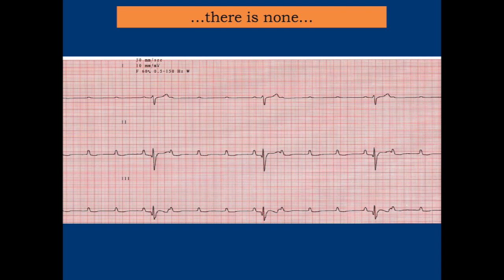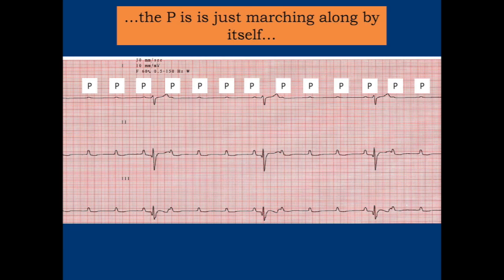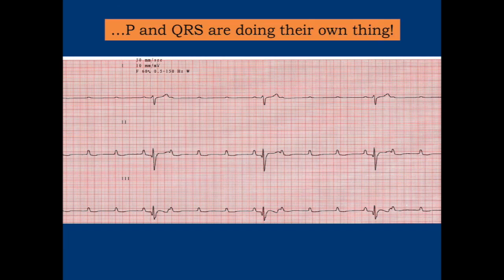So there's no communication there. There's no rhyme or reason for them to have even talked, in this case, to the QRS complex. It's just marching along that P wave all by itself, and everybody's doing their own thing.